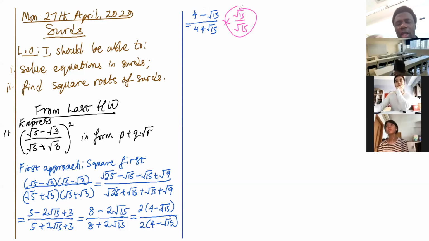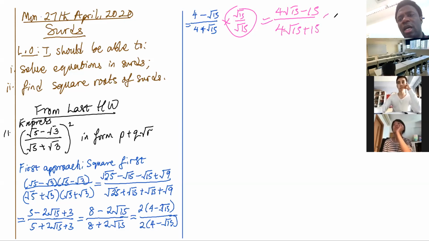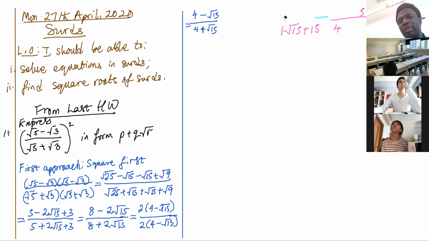After doing that, the person eventually got 4 root 15 minus 15 divided by 4 root 15 plus 15. Then later, this person multiplied both numerator and denominator by 4 root 15 minus 15. That's the rationalizing they should have just done here. So this is a waste of time, a waste of energy. Of course, this person got the same answer, but this method is not expected.